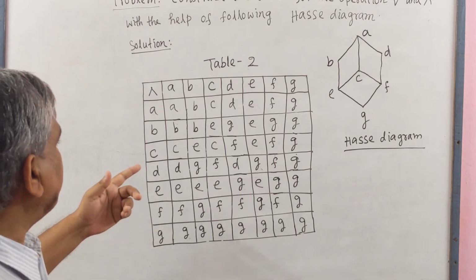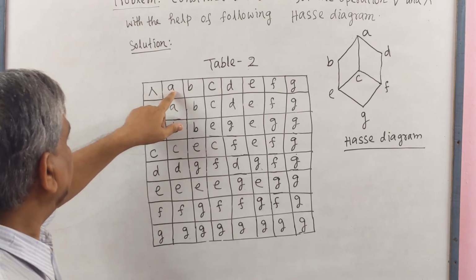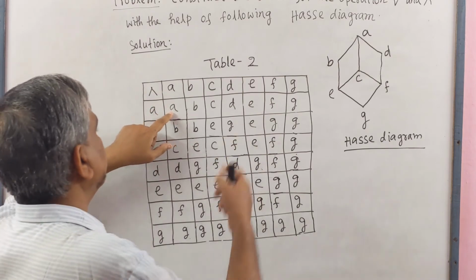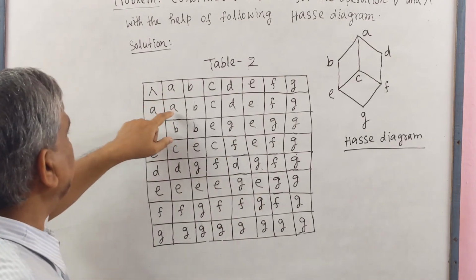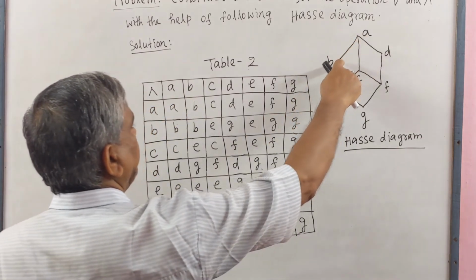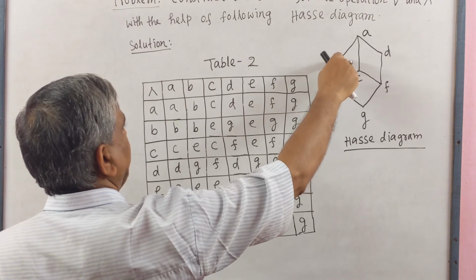So now we start. A meet A means infimum of A and A is A, the same element. So A and B: here in A and B, B is in the immediate lower level.